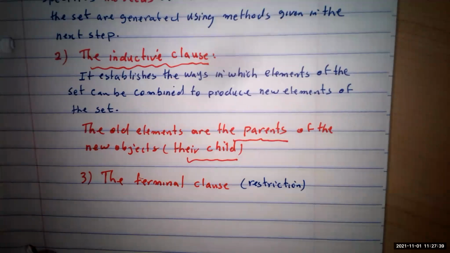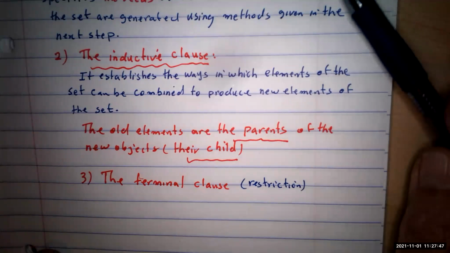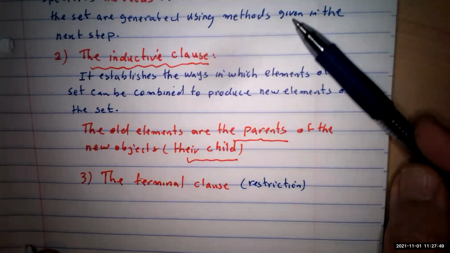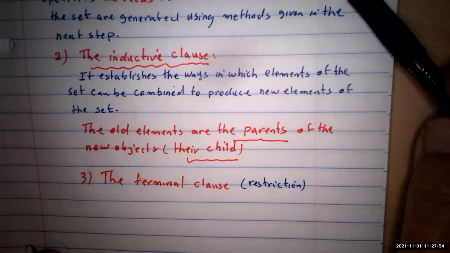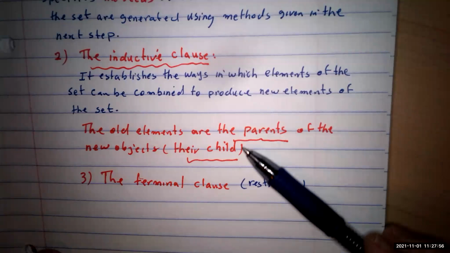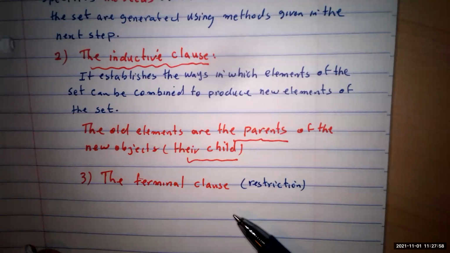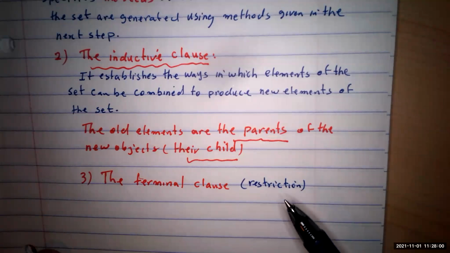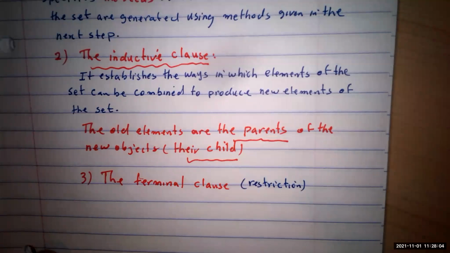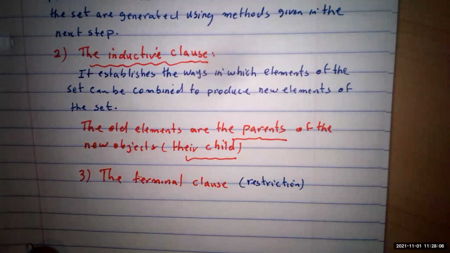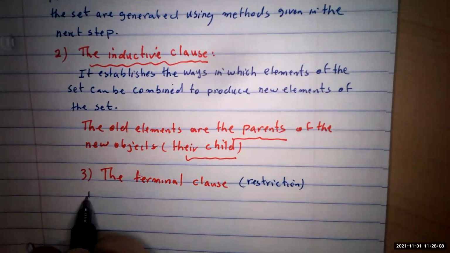Restriction is when you form all the objects of your set, you have to go back and check to make sure that you don't have anything that is produced outside of these instructions. So you shouldn't have any member from outside of this definition. Every element in the set should be either a seed or one produced by these procedures. It's just a double check, if you like.